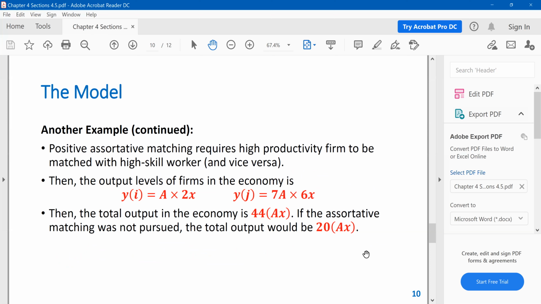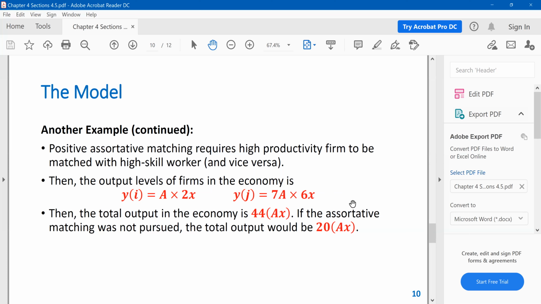The low productivity firm will be hiring the low skill worker. So production is equal to A times 2X, where A is the productivity of the low productivity firm and 2X is the skill level of the low skill worker. So 2AX is the total production in this low productivity, low skill match.